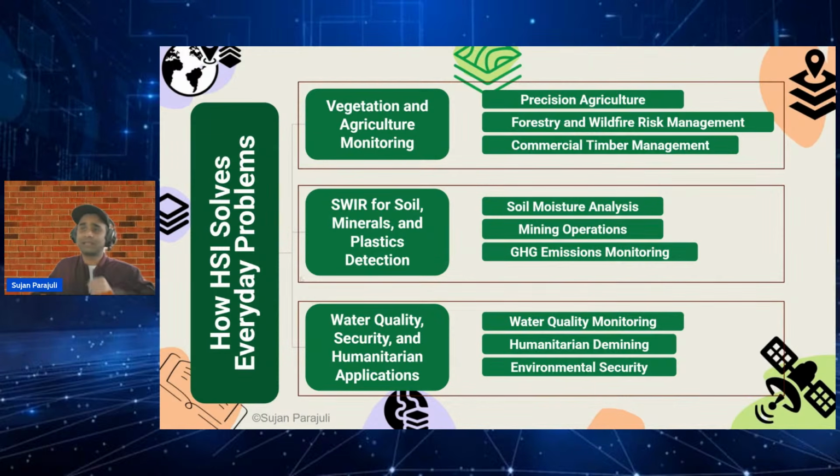The difference between multispectral and hyperspectral is that hyperspectral has a lot of band information, a lot of spectral information. So it's able to extract, let's say, a digital fingerprint of the spectra, with a lot of detail.